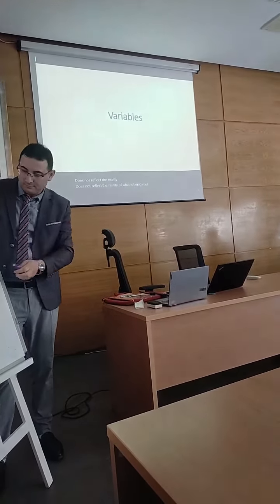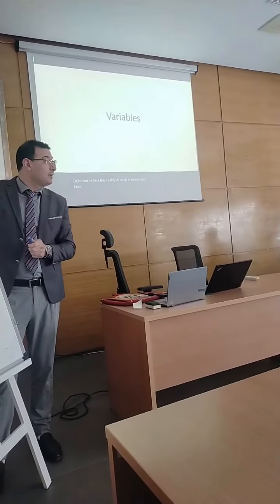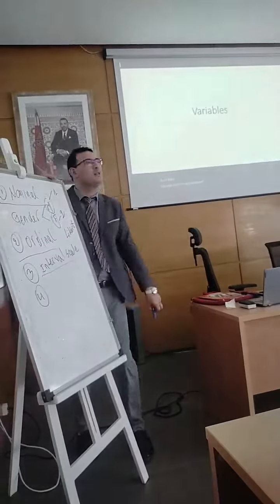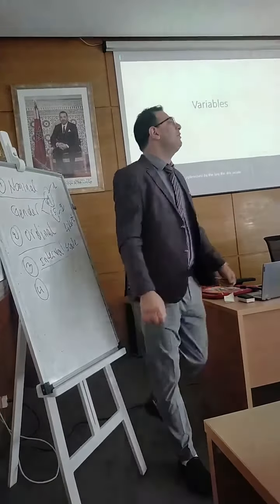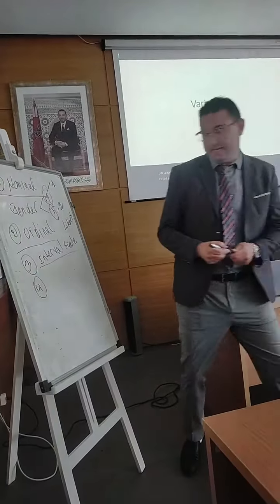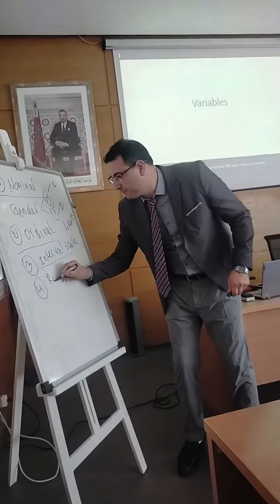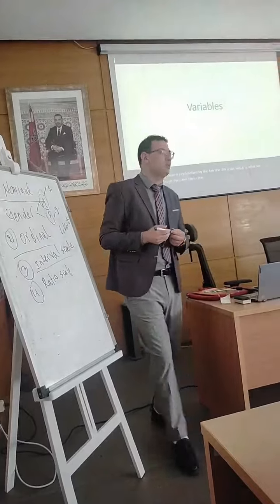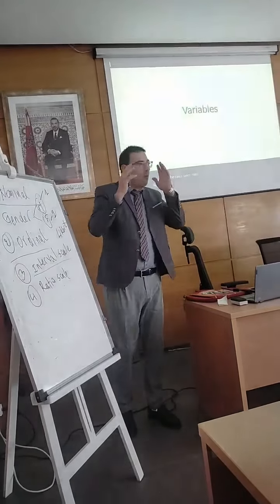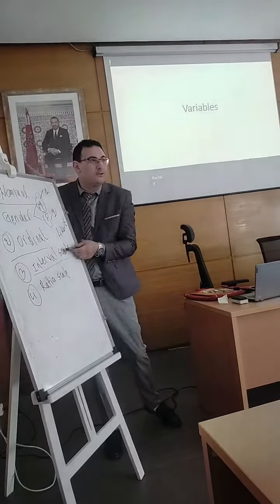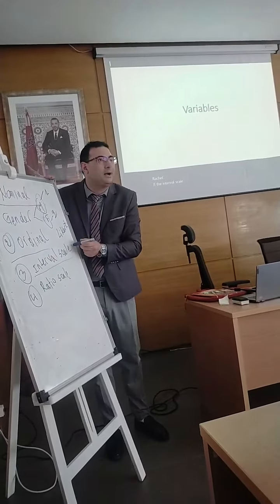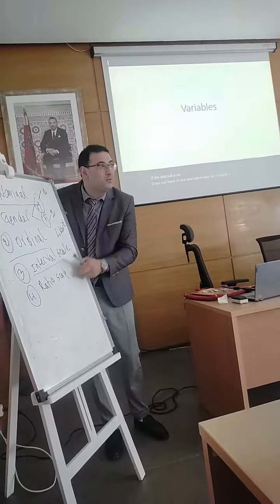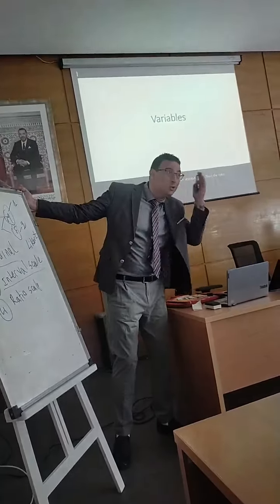And this gap is filled by the fourth scale, which is what we refer to as the ratio scale. If the interval scale is not associated with an absolute 0, then the ratio scale is.